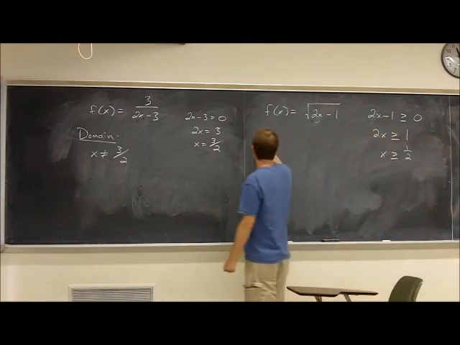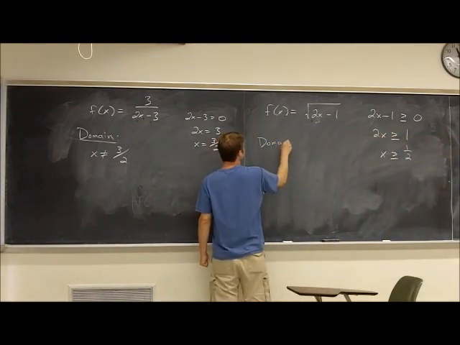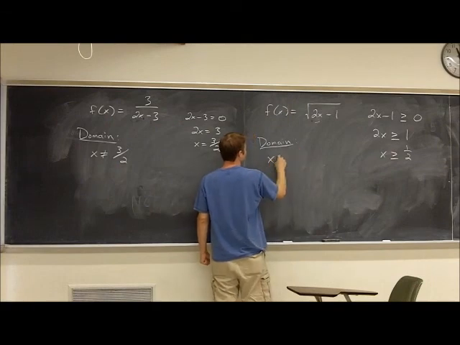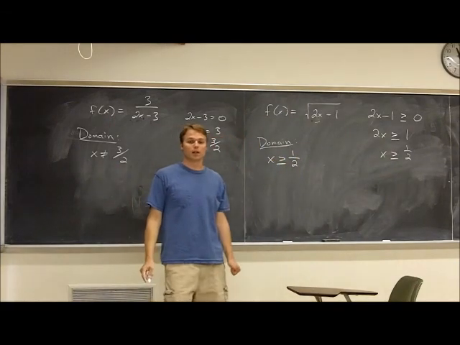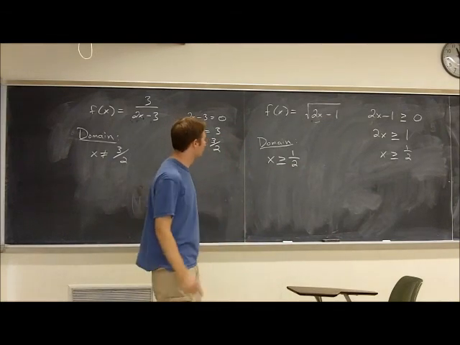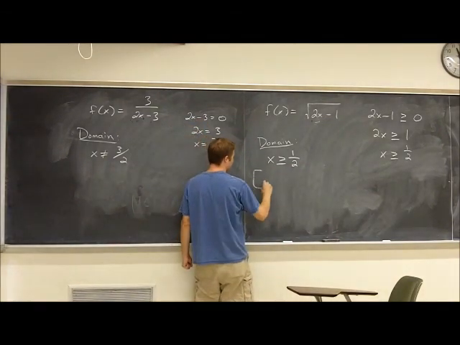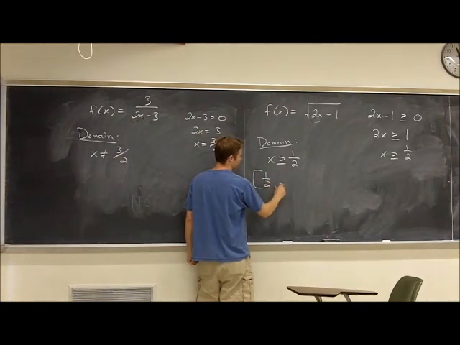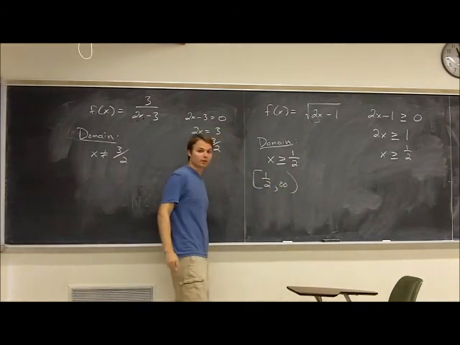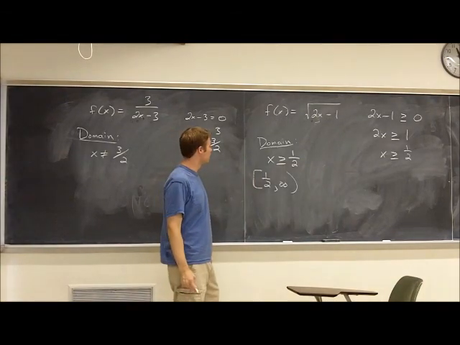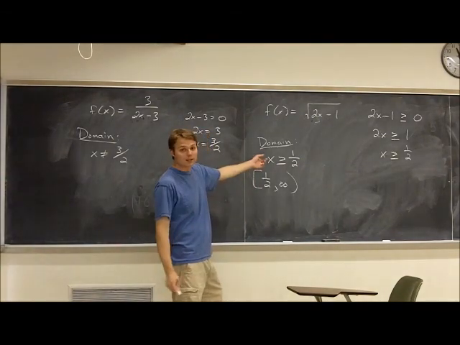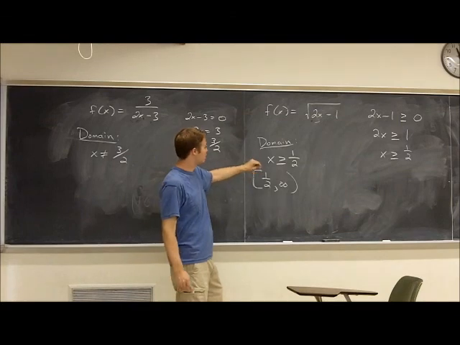So I'll say that my domain for this function is going to be all of the x values 1/2 or greater. Or if I wanted to write this using interval notation, I could write it from 1/2 to positive infinity, including the 1/2.